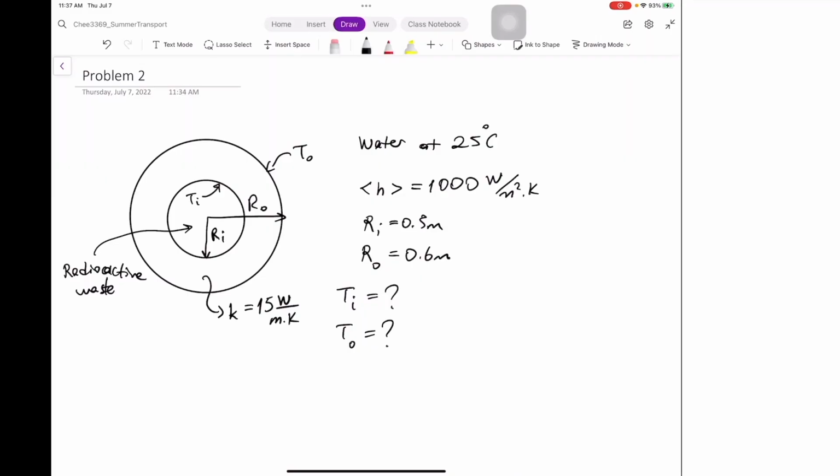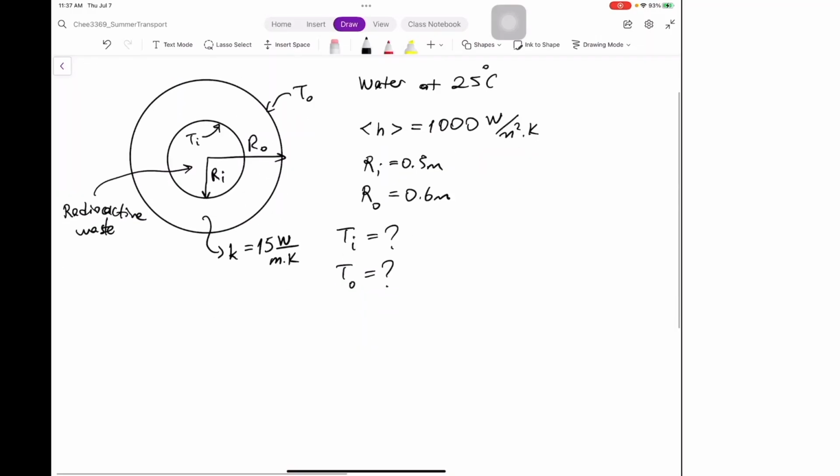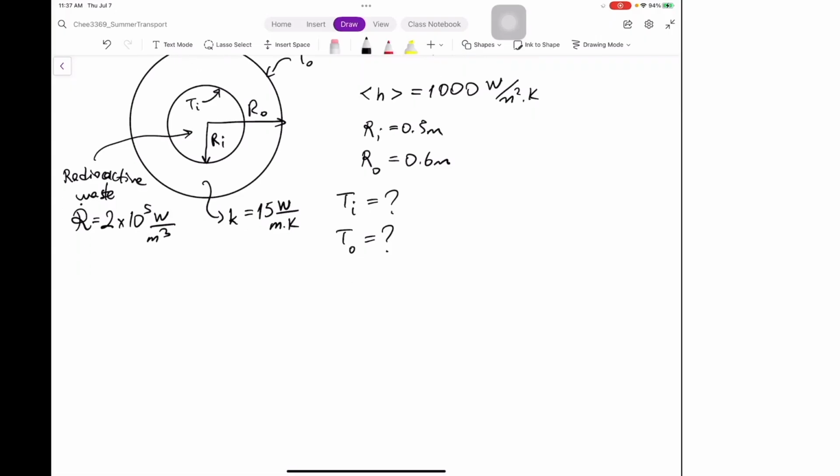And the waste generates heat at a volumetric rate of 2 times 10 to 5 watt per meter cube. Okay, so that's it.